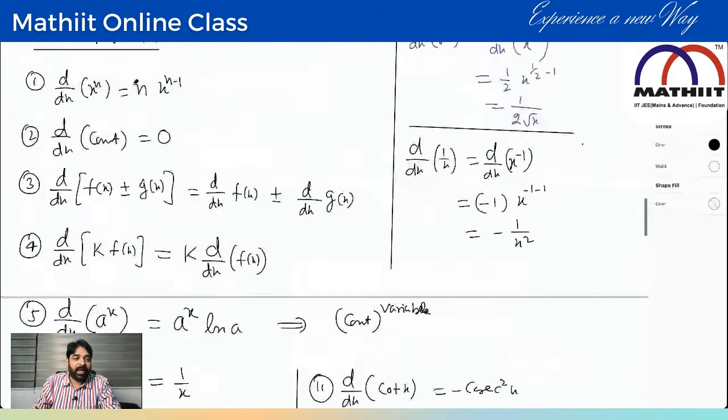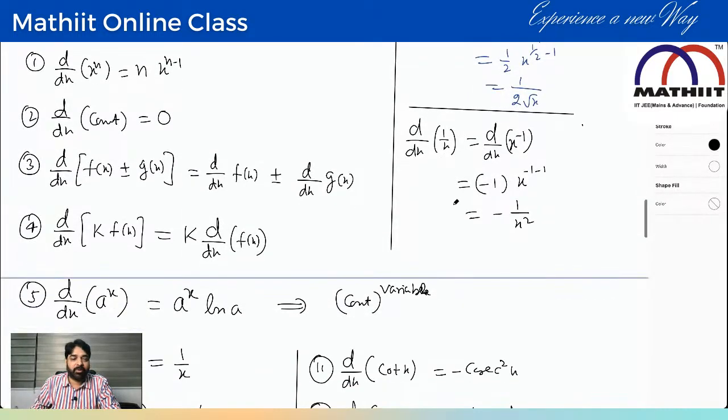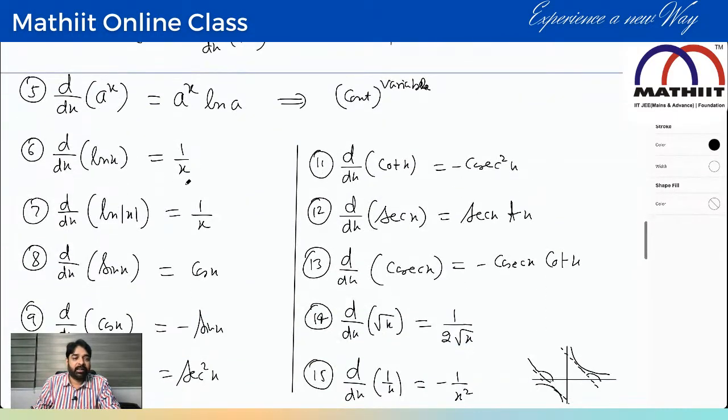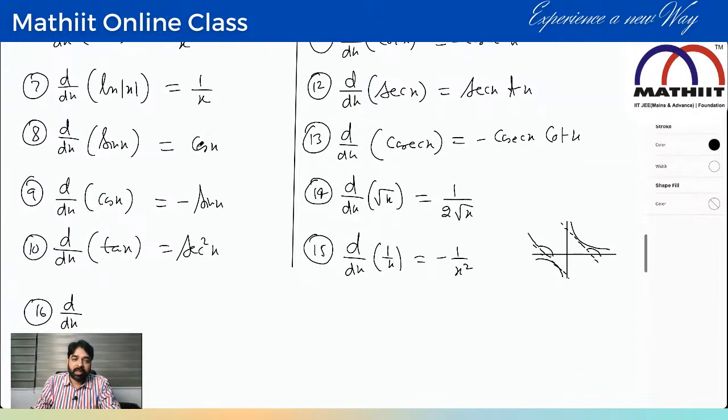If I take d by dx of x power n, ln x, sin x, or cos x, it can be positive also, it can be negative also. But a few functions are always positive; tan x differentiation is always positive because tan x is always an increasing function. An inverse trigonometric function will be either always positive or always negative because it is either increasing or decreasing.